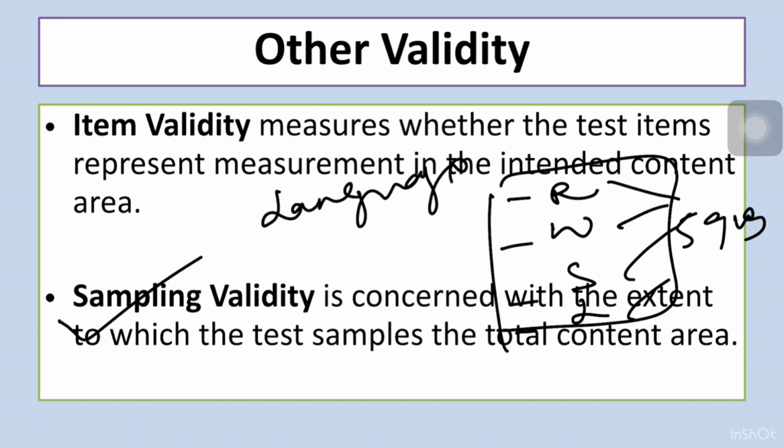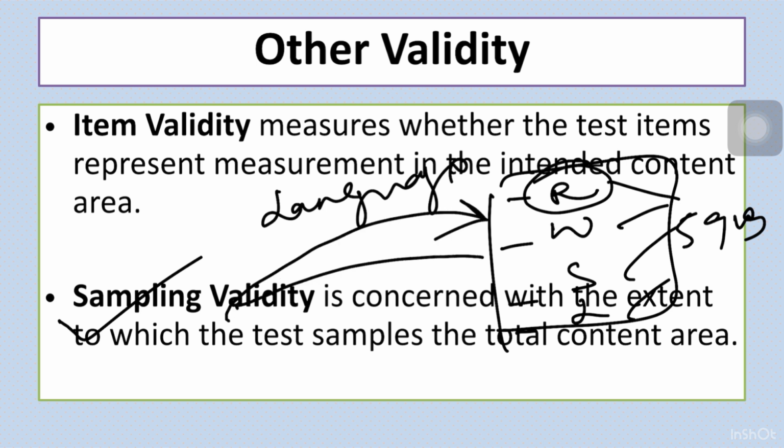This means all the aspects have adequate sampling. However, if I take only one question of listening, can I say that it equally represents my sample? No. Right?